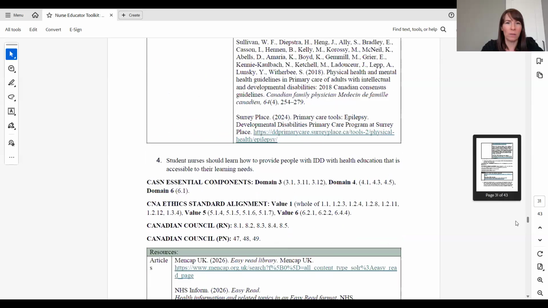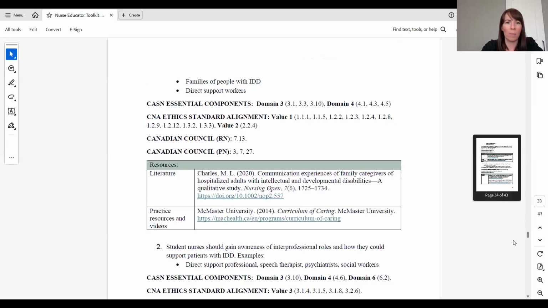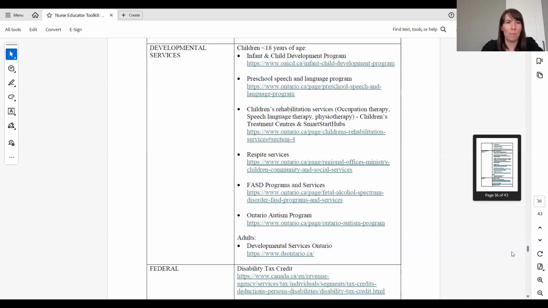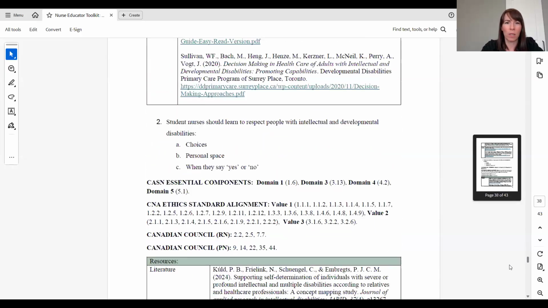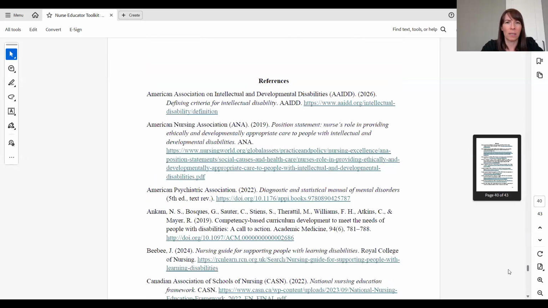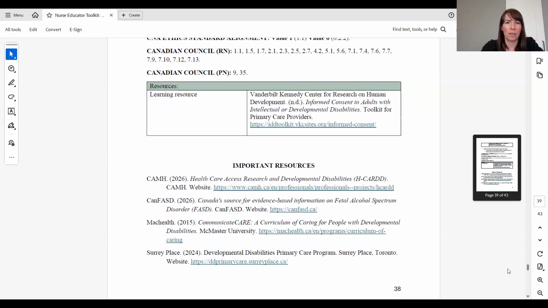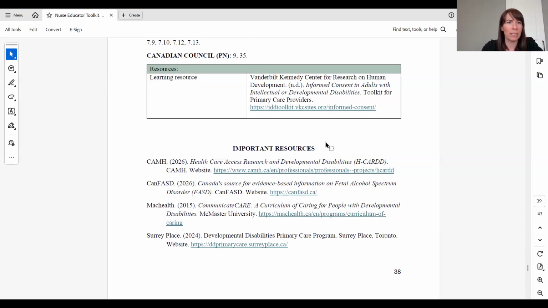Within Ontario, we are a hub of many research groups looking at care of folks with IDD. However, the speaking position tends to be from primary care perspective, medicine, psychology, psychiatry.